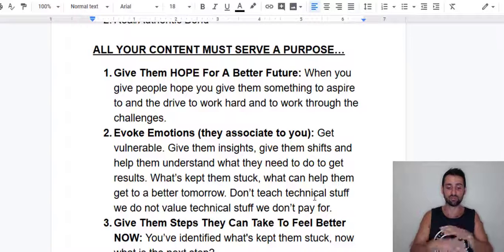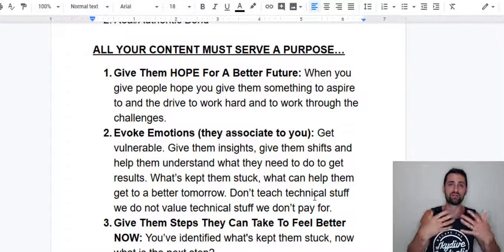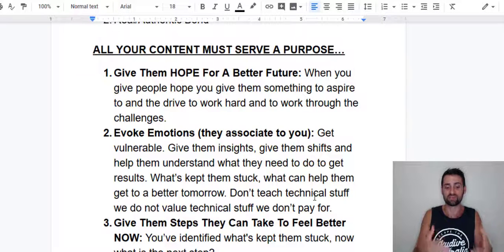So you want to have your content more around teaching them the what: opening them up to the what it is that they need to do, the what it is that's keeping them stuck, and the what it is that can help them.